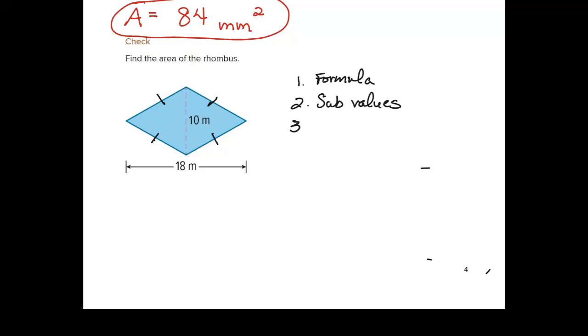And then third, give me the answer. A equals what? Make sure you put it in the correct units and squared. I'll give you about 2 or 3 minutes. See if you can do that.